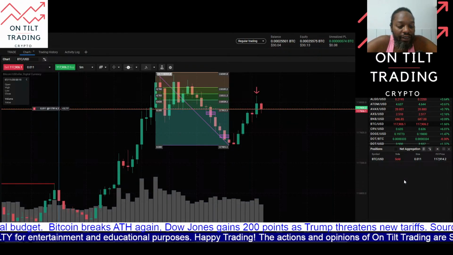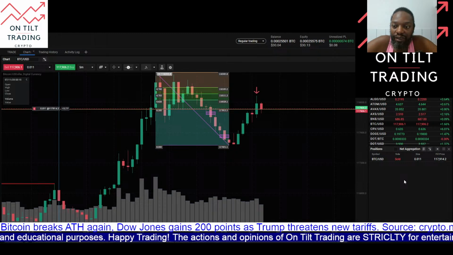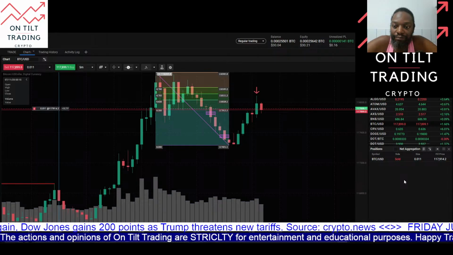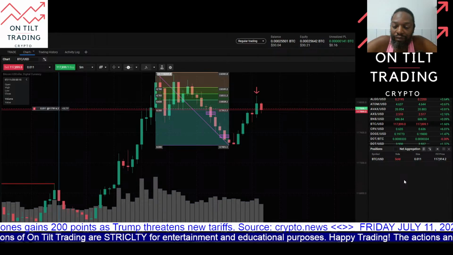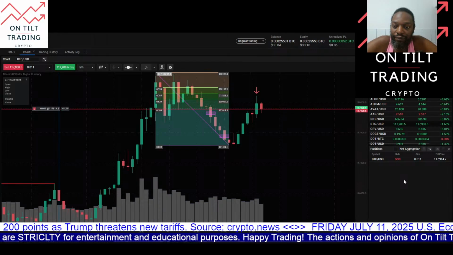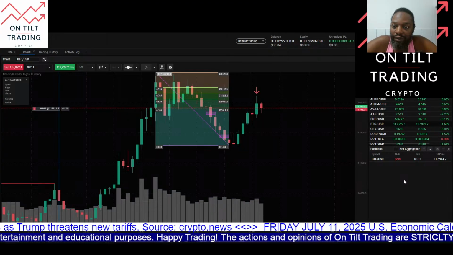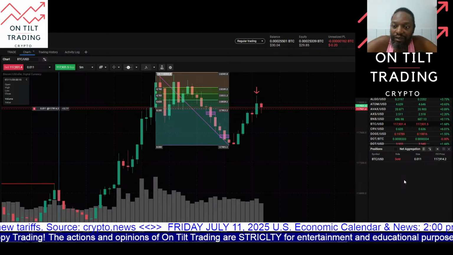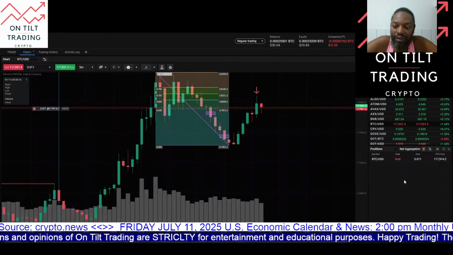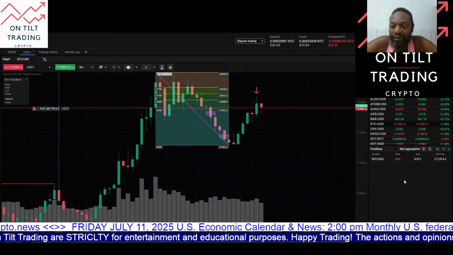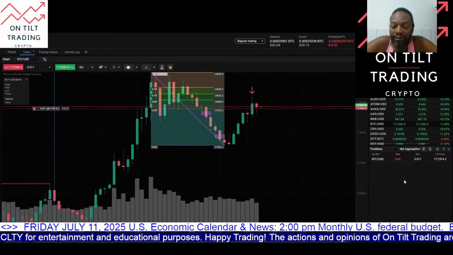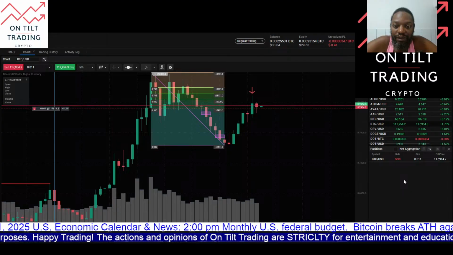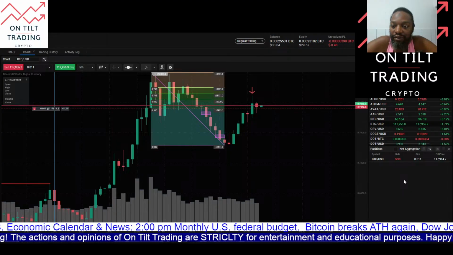Price still consolidating near my entry, the 117,900 level. Price consolidating between 117,900 and 117,920. And new 5-minute candle, getting buy side delivery currently.